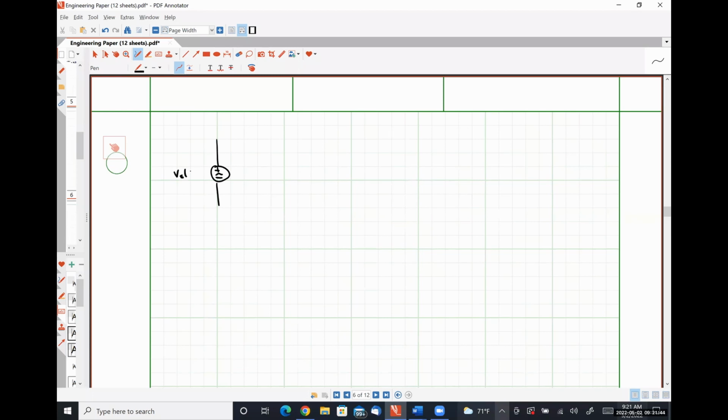We have Es of t here. We have R equal to 10 ohms here, and L equal to 1 Henry here.